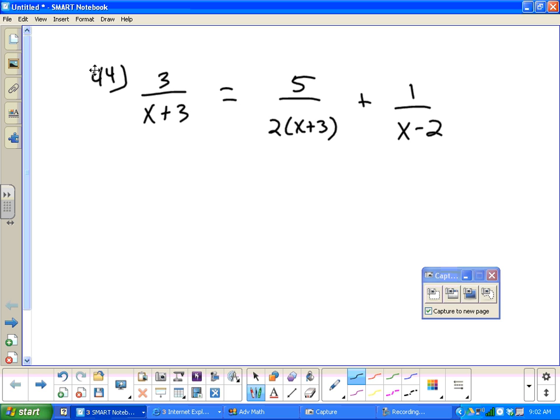So we're going to multiply everything by 2 times x plus 3 times x minus 2. And this was the only one where you had such a big common denominator. It had like 3 terms in it there.